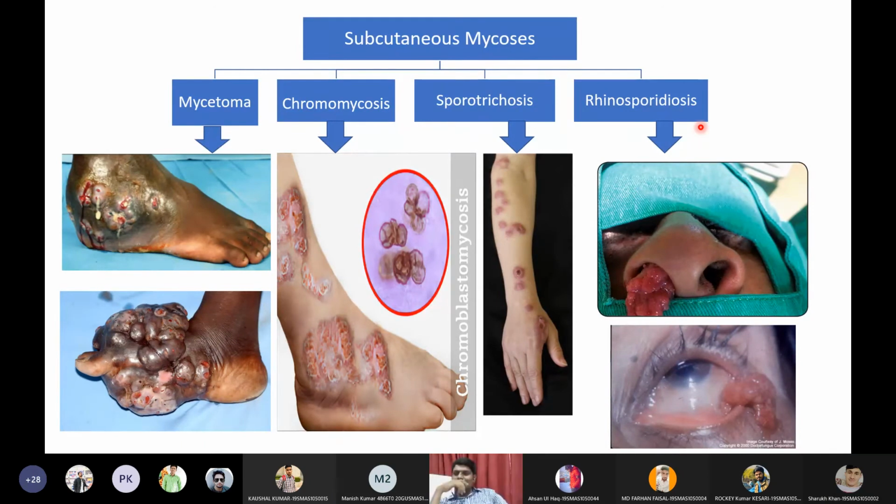Okay, then in what fungal infection will we see sclerotic bodies? Chromomycosis. Chromomycosis, very good. What is the fungus name?